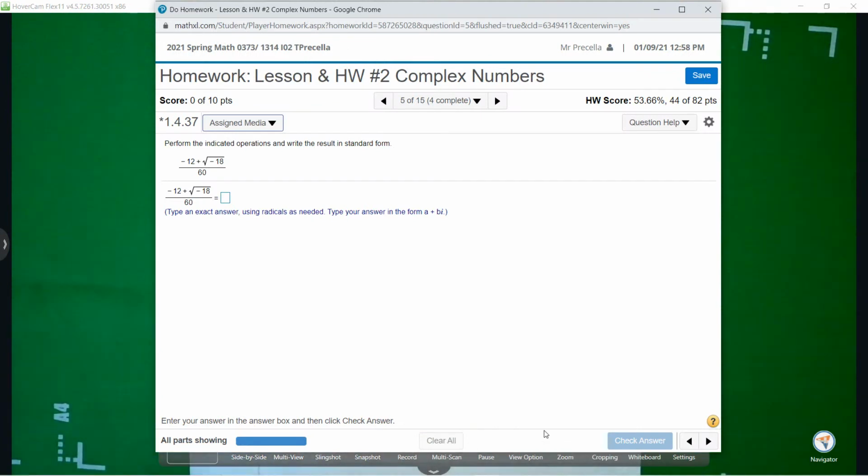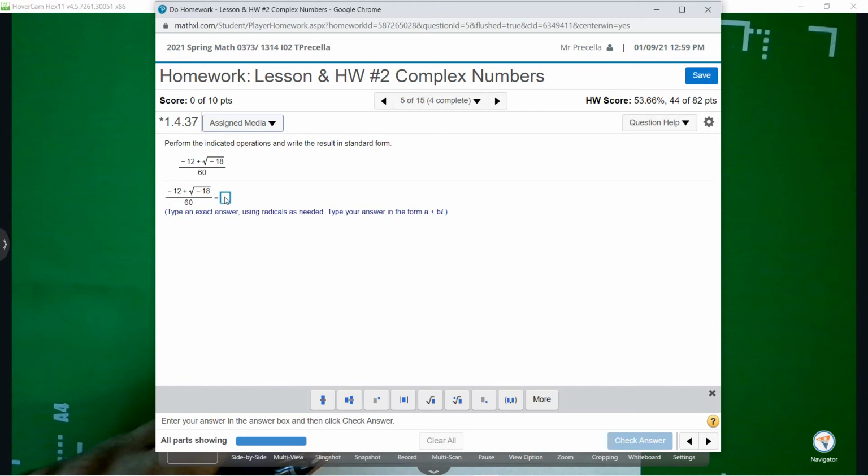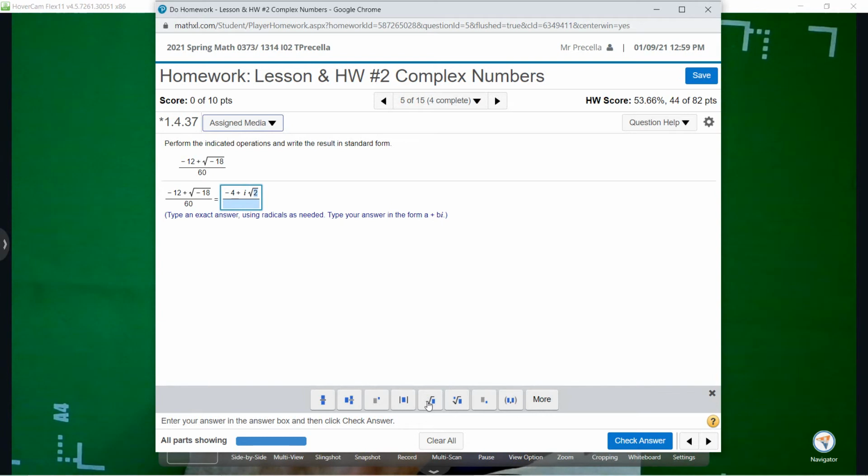So to type this in, I'll click in here so I get the tools, and I'll click the fraction bar. And up on top I write negative 4 plus i square root of 2.